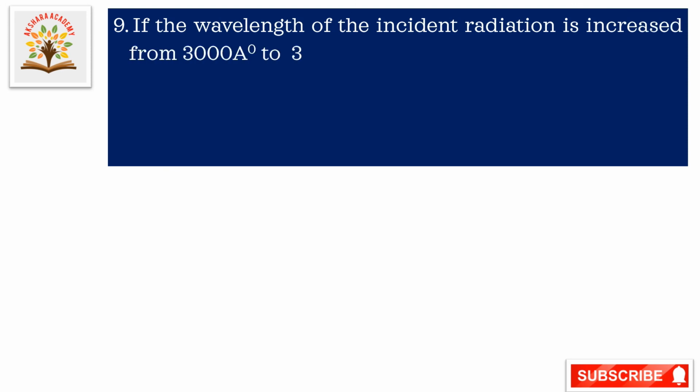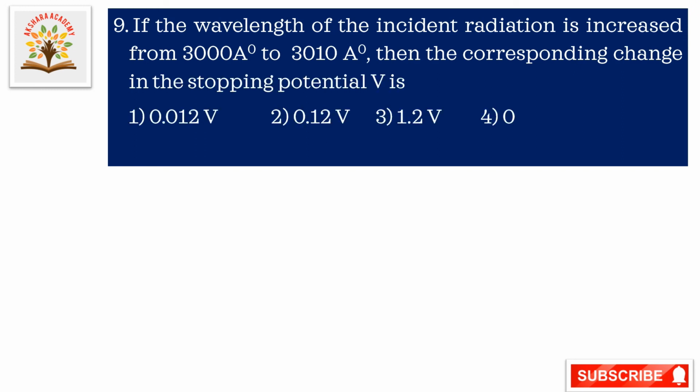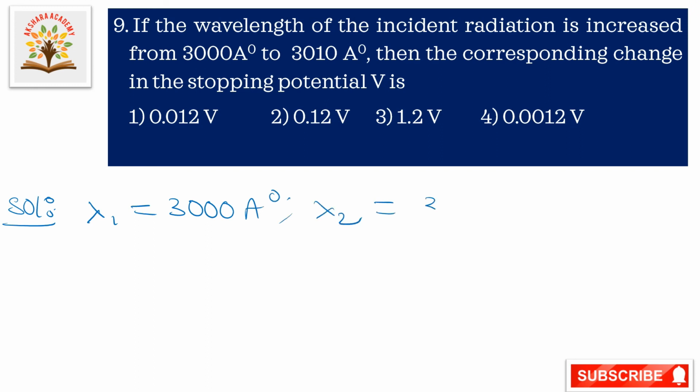Here in this question they given lambda 1 is equal to 3000 Armstrongs and lambda 2 is equal to 3010 Armstrongs. Here we have to calculate the change in the stopping potential. Now let us go to the solution. Lambda 1 is equal to 3000 Armstrongs and lambda 2 is equal to 3010 Armstrongs.